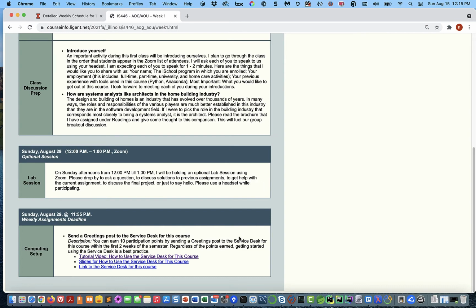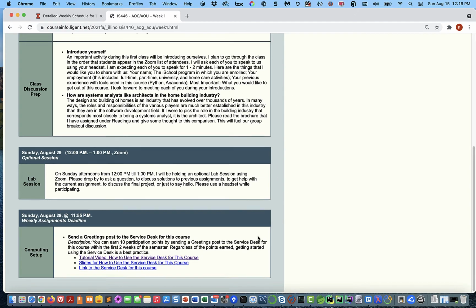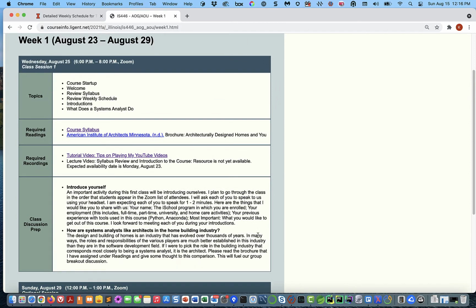And then on the Sunday night, at the end of the night, if we have some kind of handout assignment for the week, it's always going to be due at this weekly assignments deadline on Sunday night at 11:55 p.m. Okay, so this is a typical organization of a schedule page.